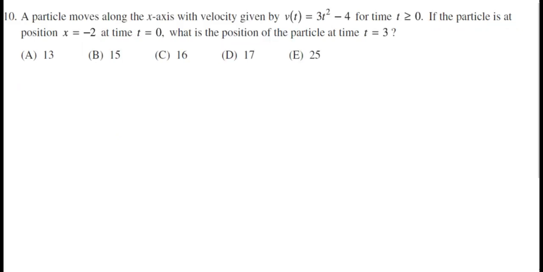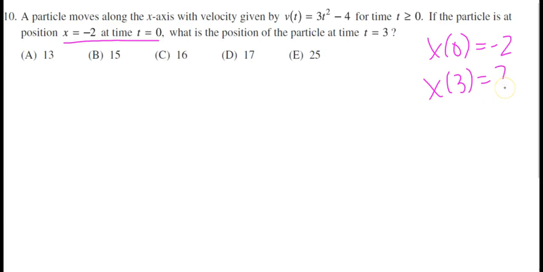Question 10, a particle moves along the x-axis with velocity given by v of t for a time greater than or equal to 0. If the particle is at position x equals negative 2, at time t equals 0, what's the position of the particle at time t equals 3? So hopefully you can see this is FTC rearranged. You're given one function value. You're given that x of 0, position at time 0, the initial position is negative 2, and you're trying to find the position at time 3.